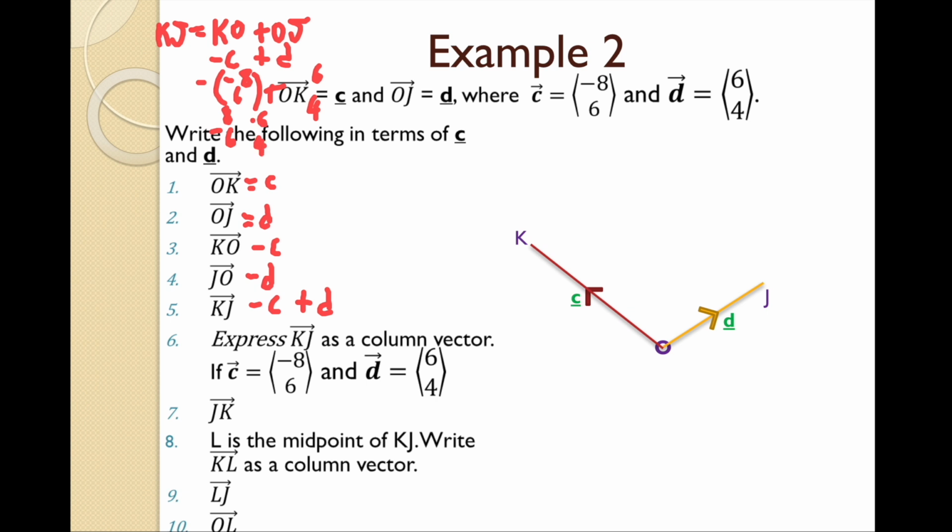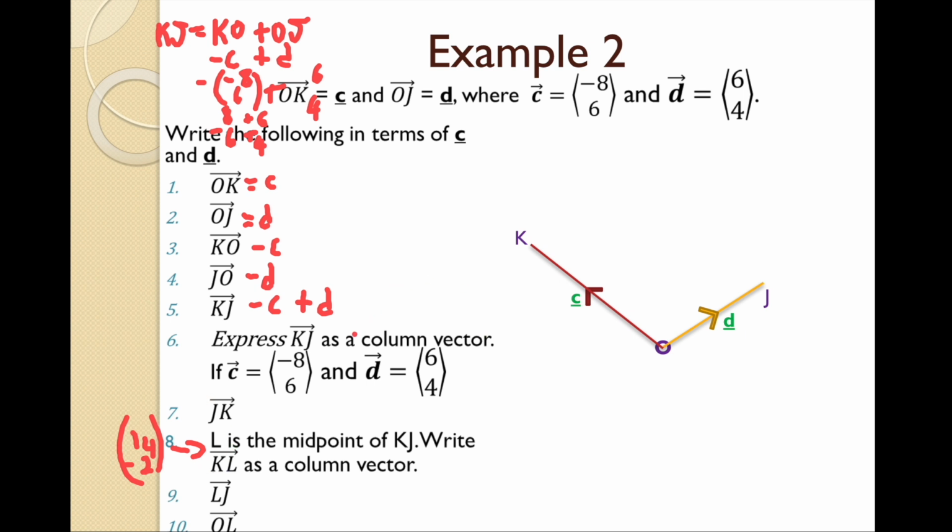We end up adding these two. 8 plus 6 is 14. Then we have negative 6 plus 4, which is negative 2. So the answer for this is (14, negative 2).